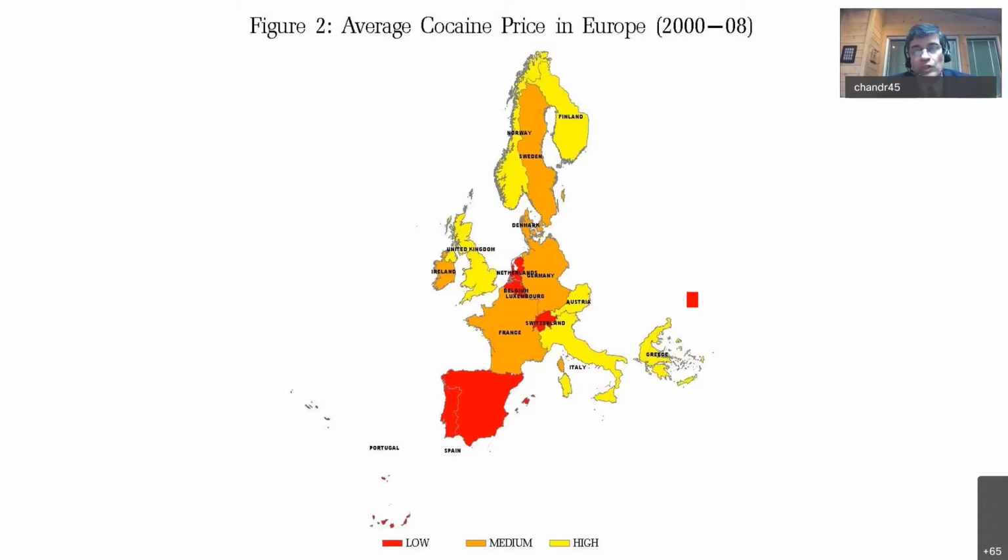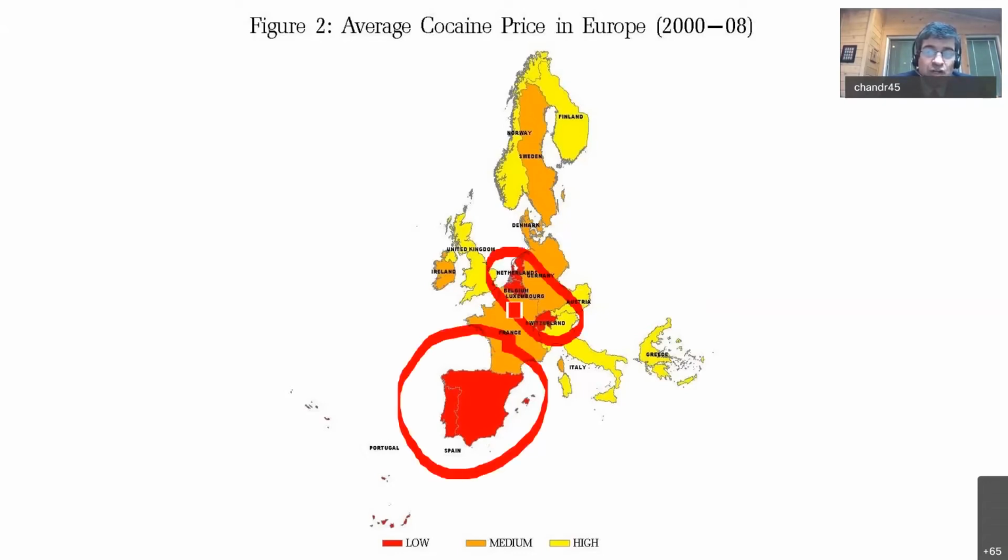Now, what you should see is a pattern that looks a little bit familiar to the United States pattern. Where is the cocaine cheap? Well, it's cheap in Spain and Portugal. And it's cheap around the midsection of the main part of the continent of Europe. And if you think about where cocaine is coming from into Europe, where is South America in relation to Europe? It's down here.